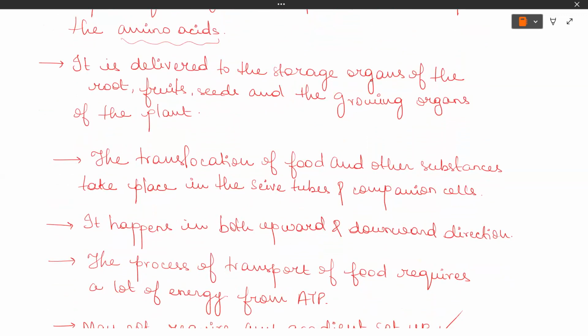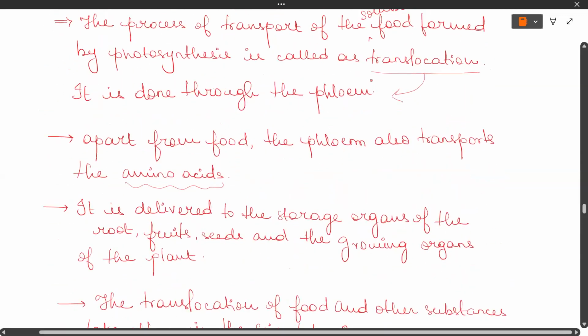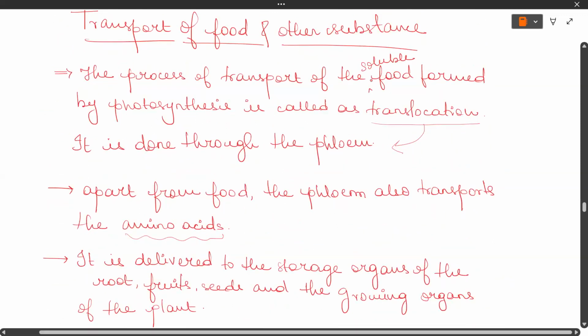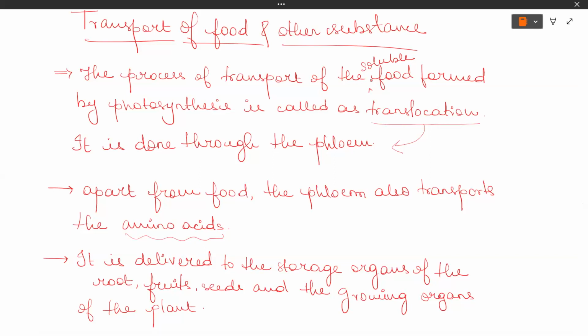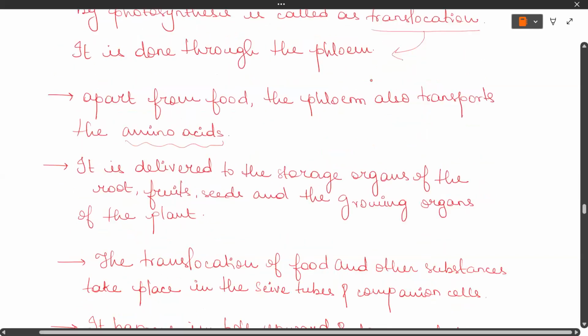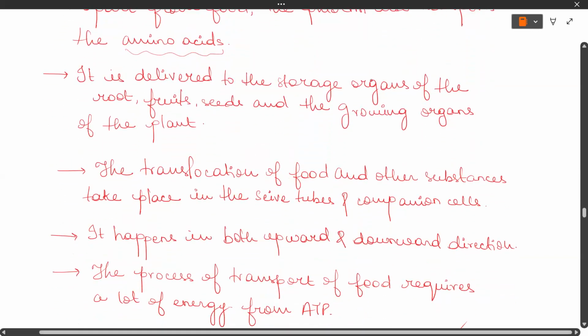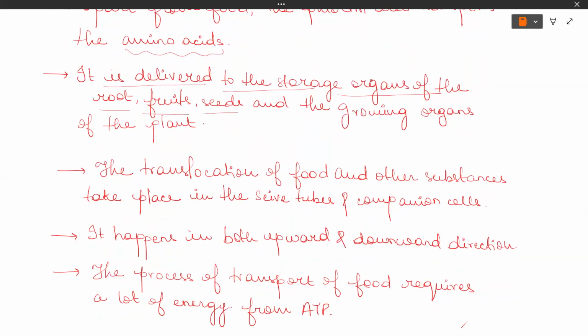When we're talking about the phloem, it transports food from where photosynthesis is taking place, mostly the green leaves or the stem, to the different parts of the plant body. So the food and the amino acids are delivered to the storage organs of the root, the fruit, seeds, and the growing organs.